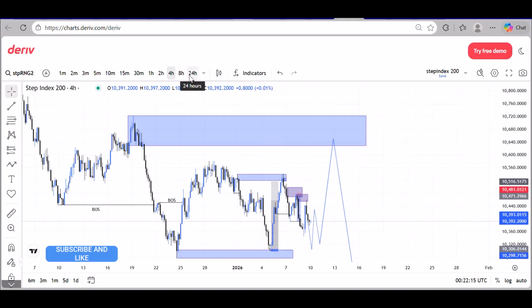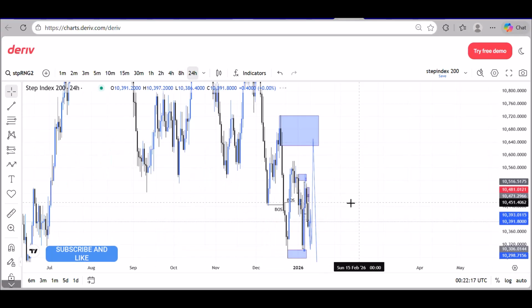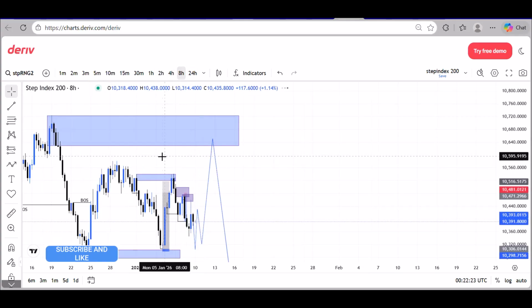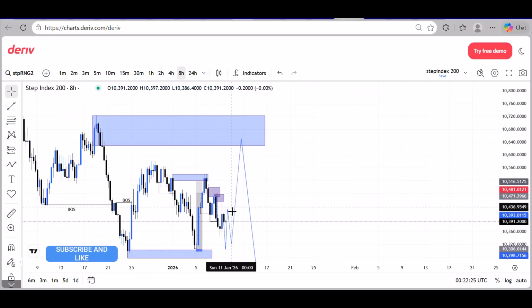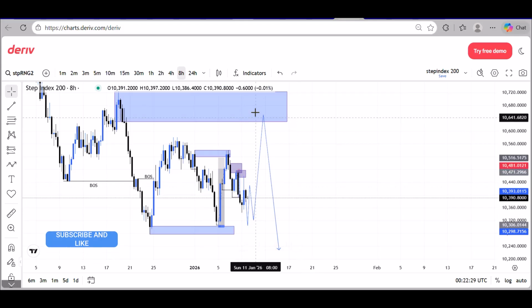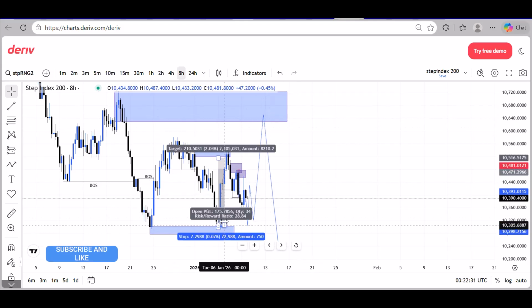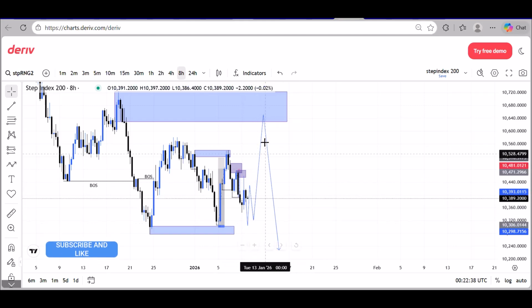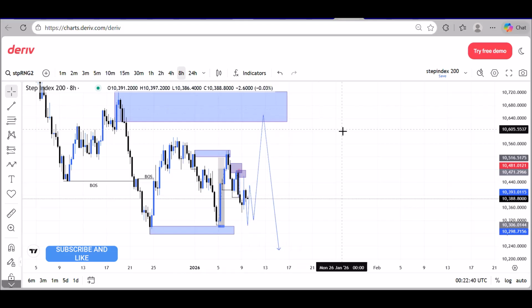Looking at it from our higher time frame, the daily time frame, we saw this zone and then saw this fair value gap. And of course on the 8 hours we are still seeing that. But whilst waiting for this, we saw that we had a buy opportunity here, and a sell opportunity here. But remember, this is our main focus in the future.